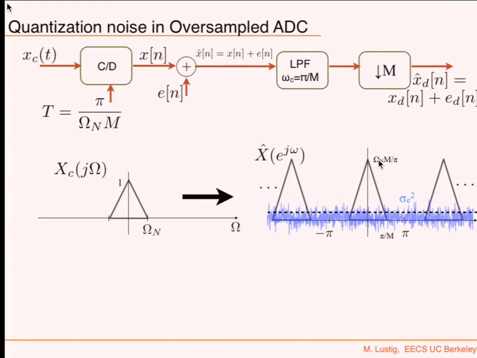Its amplitude now is multiplied by, if this is 1, it's multiplied by omega sub N M over pi. Okay, it's really the T, which is the sampling rate. Okay, T prime, that was the sampling rate. So that's its amplitude. Now here's a question. Does the quantization noise have anything to do with the sampling rate?